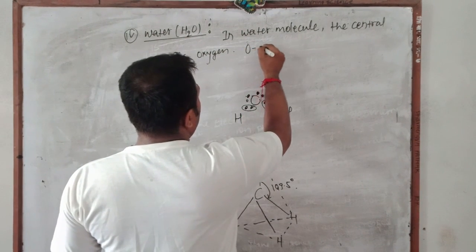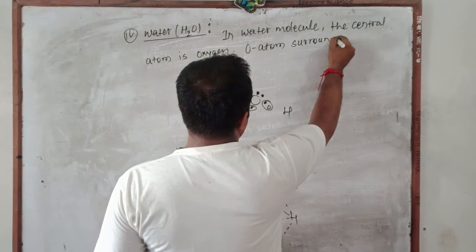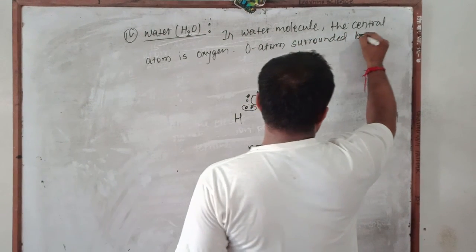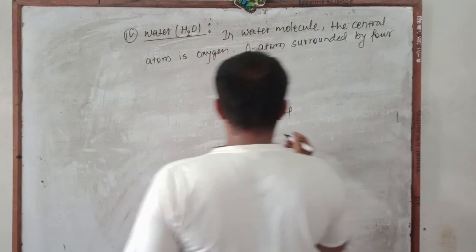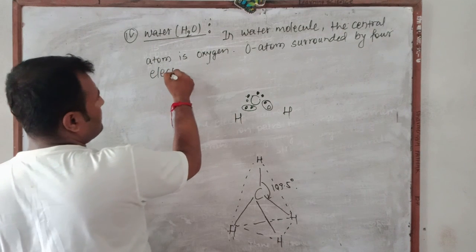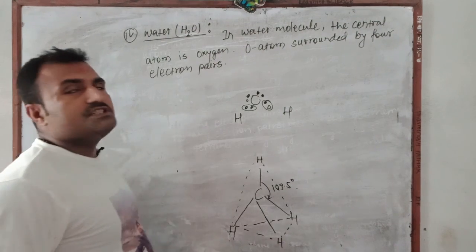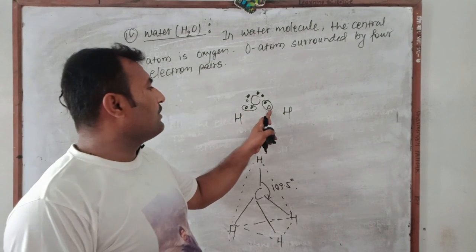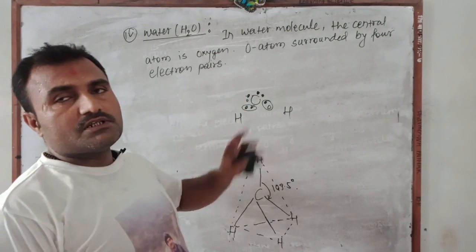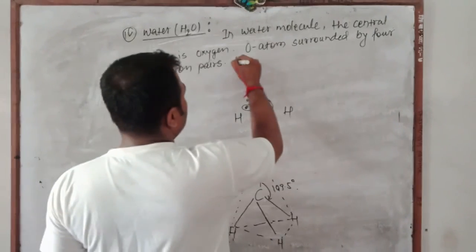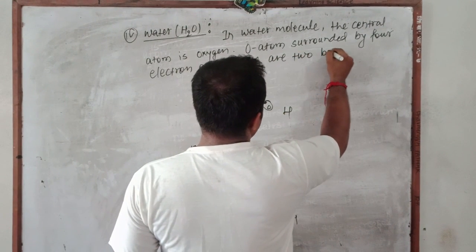The oxygen atom is surrounded by four electron pairs. Of these, 2 are bond pairs and 2 are lone pairs; these 2 pairs do not involve in bonding.